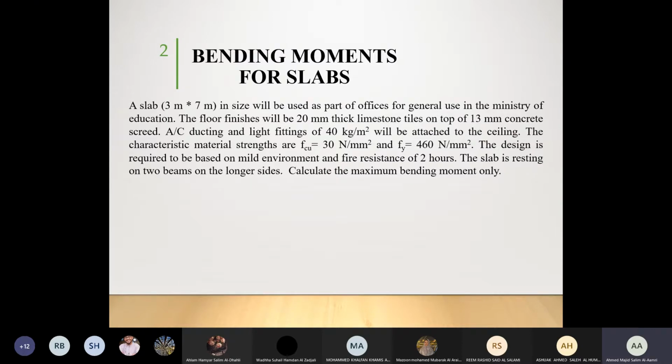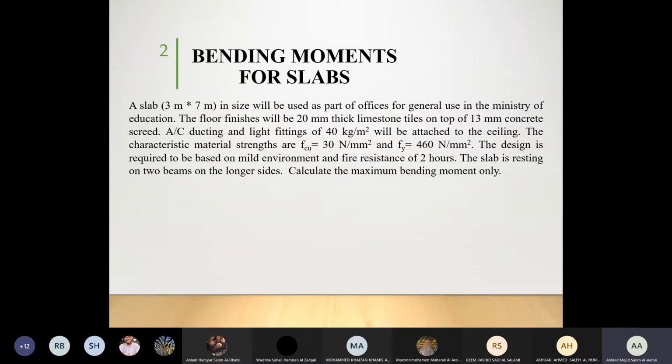AC ducting and light fittings of 40 kilograms per meter square will be attached to the ceiling. The characteristic material strengths are fcu 30 and fy 460. The design is required to be based on mild environment and fire resistance of 2 hours. The slab is resting on two beams on the longer side. Calculate the maximum bending moments only.